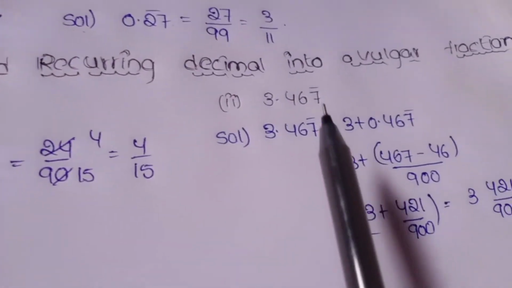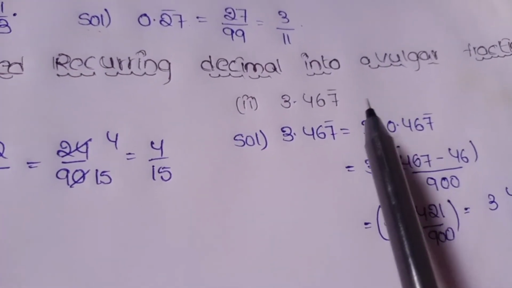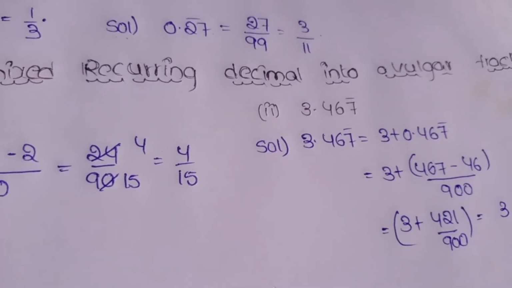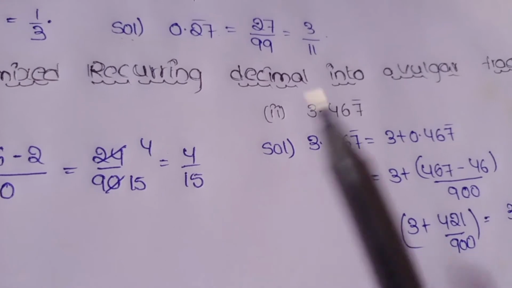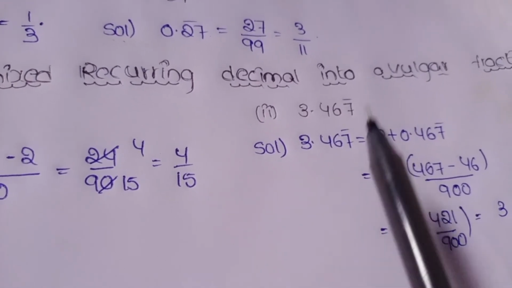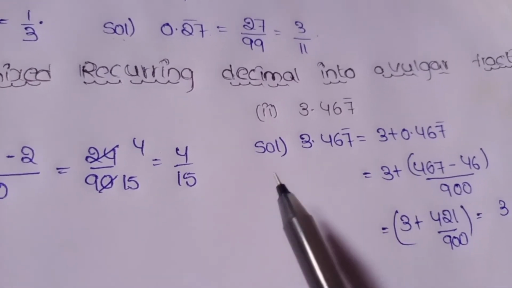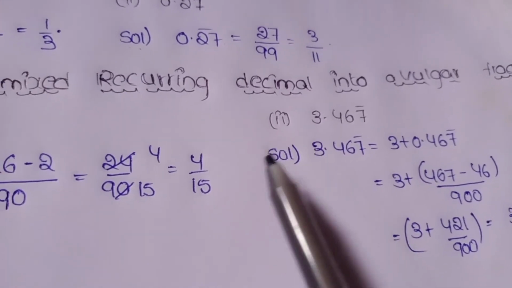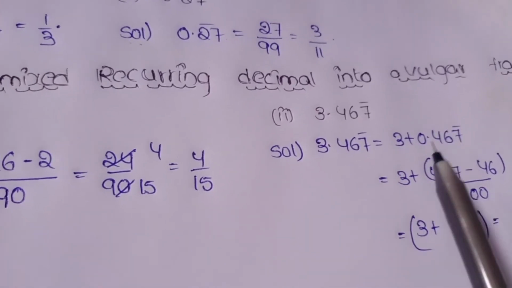And coming to the next one, for better understanding, 3.467 bar. Here how many recurring points? 1 recurring point, and how many non-recurring points? 2. So don't write directly. First you have to separate 3 and 0.467 bar.